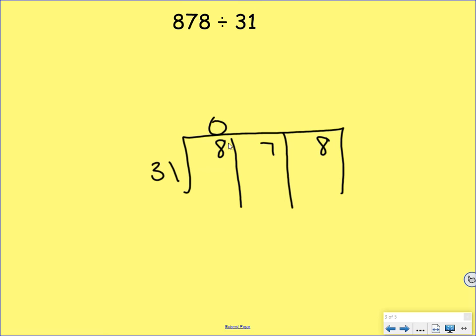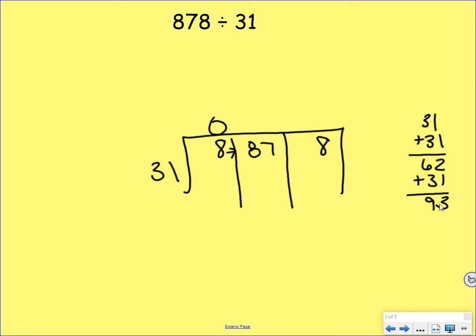No. So I got to slide it over, and now I have 87. Now, some people in their head can figure out how many 31s go into 87. Other people go off to the side, and they do 31 plus 31, and they keep going until they get 87.